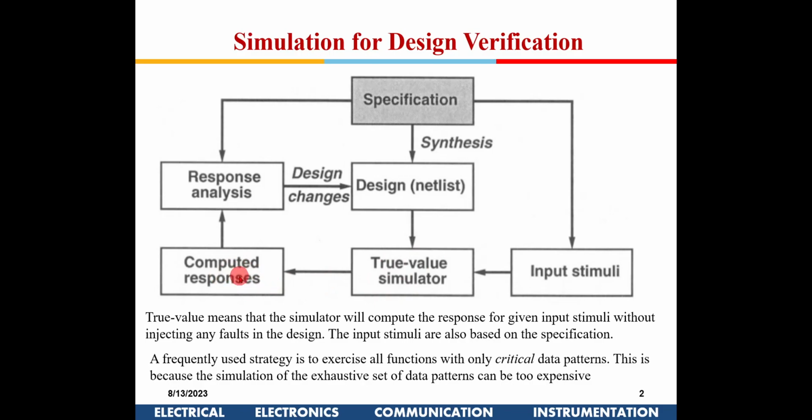And then the computed results are compared with the expected output from the specifications, and if they are not matching, you do the design changes. So you run the loop until you take most of the inputs and make all possible combinations, and you see to it that for all those input combinations the specifications are met. This is known as a true value simulator.